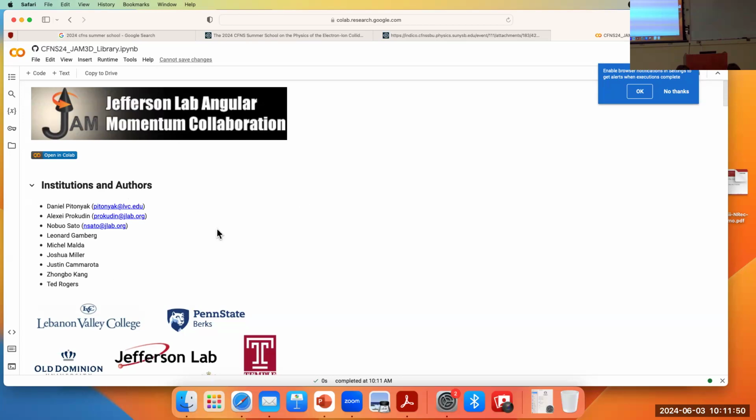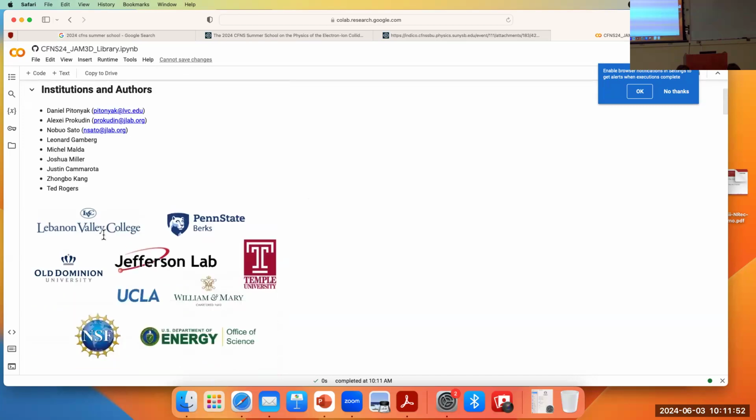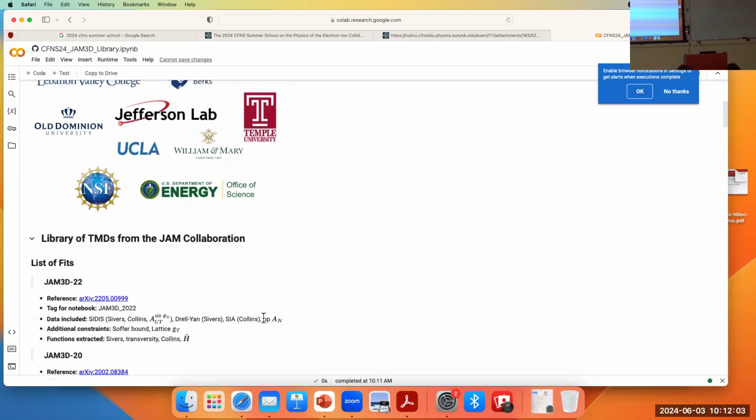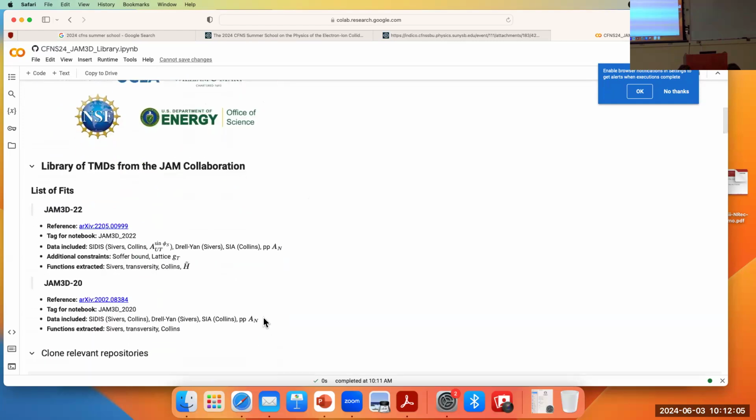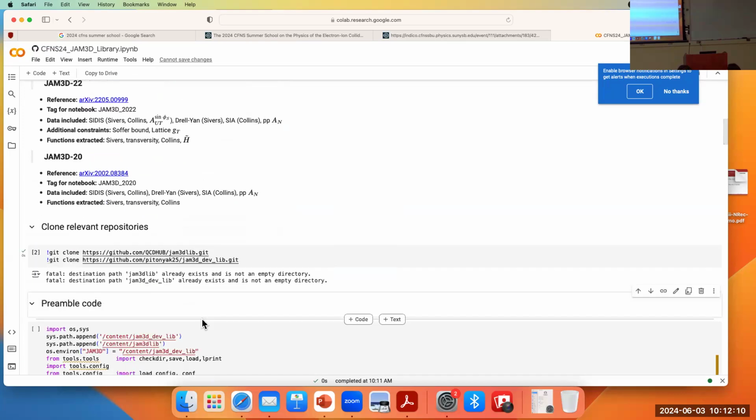You see the authors, many people from different laboratories and universities: Penn State, Temple, Jefferson Lab, UCLA, Old Dominion, William and Mary. We were supported by NSF and Department of Energy. It contains information about two analyses that we did in 2020, 2021.